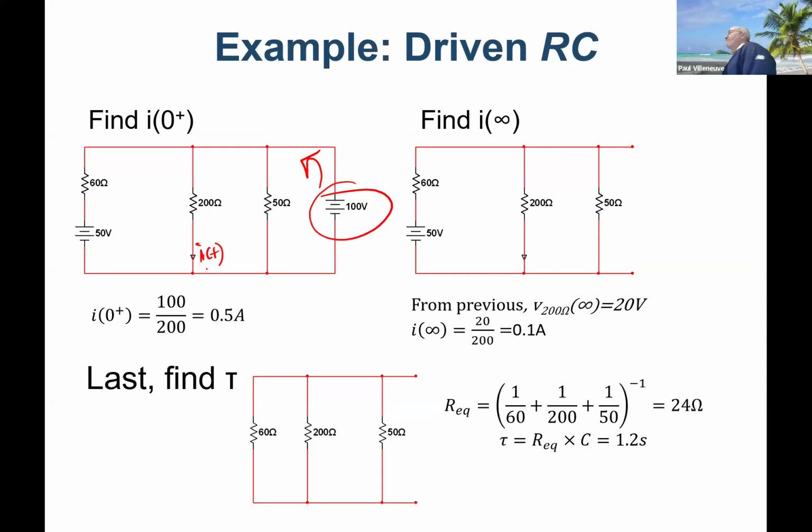Henry, did you have to take into consideration the other volts? Sure, and I am. The question from one of your classmates is, do you have to take into account the 50-volt source? And the answer is yes, and I have. This whole node is 100 volts, right? So what that means is that initially, that capacitor is going to be feeding some current into the 50-volt ideal source, right?